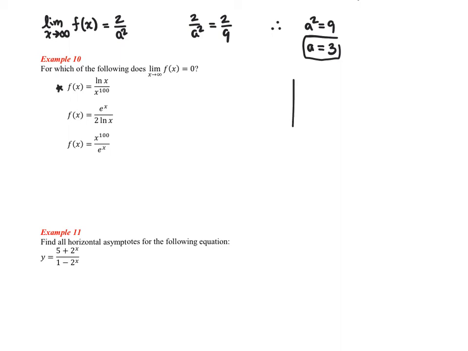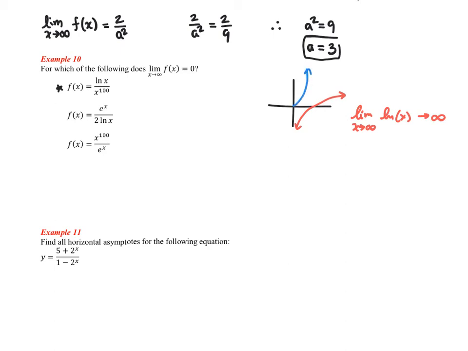Okay, so as we look at the first example, you could graphically take a look at this. Here's the natural log of x, and the limit as x approaches infinity of ln of x actually does go to positive infinity.